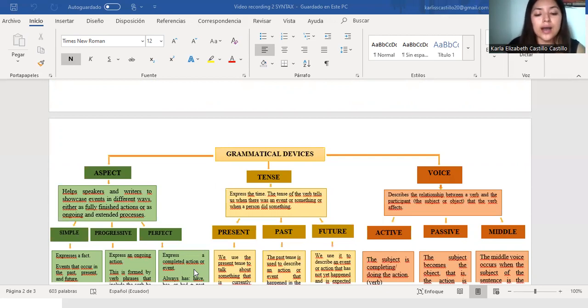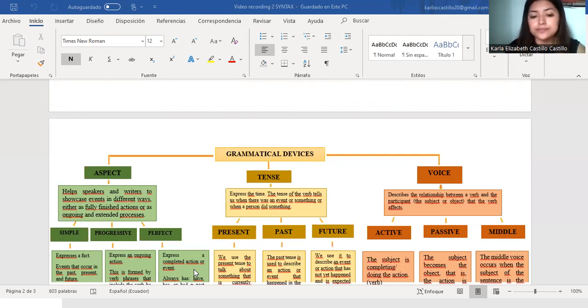Here we have three types: present, past, and future. These are the most used in English, especially when someone is studying another language, in this case English.